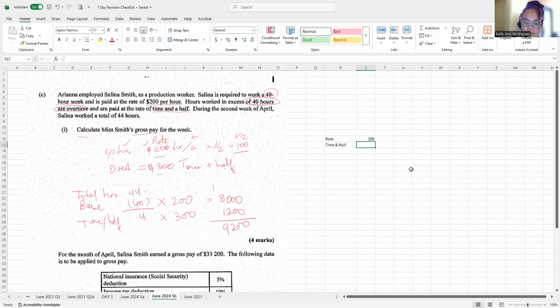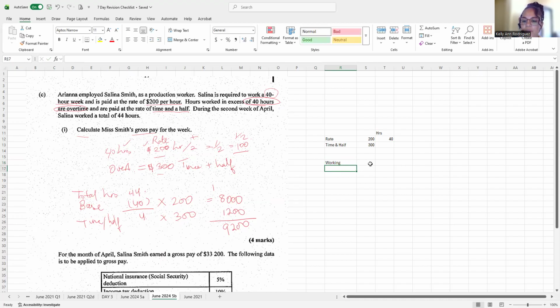Her time and a half is equal to 200 times 1.5, so you get 300. You could get the base hours, so you have the base hours is 40 hours. You have the time and a half hours, which is anything in excess of that.